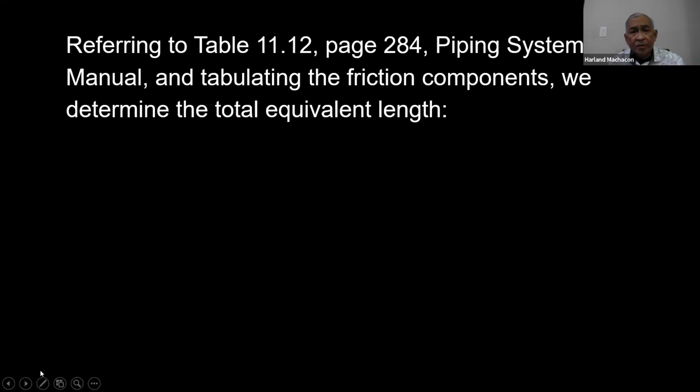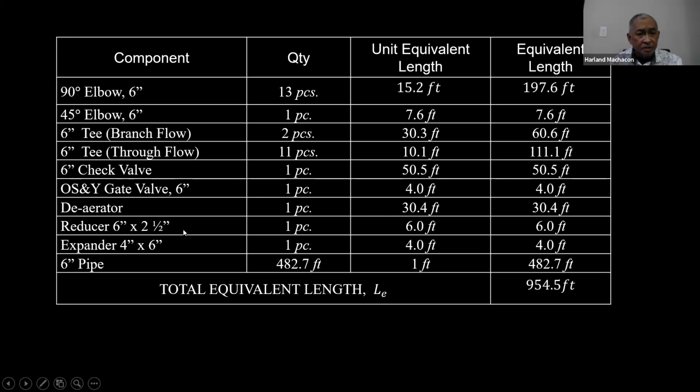So tabulating all the friction components of a 6-inch run of pipe and determining the total equivalent length, we have this. These are the components and the quantity, the unit equivalent length taken from the piping systems manual, and we have here the equivalent length, and then we get the total.